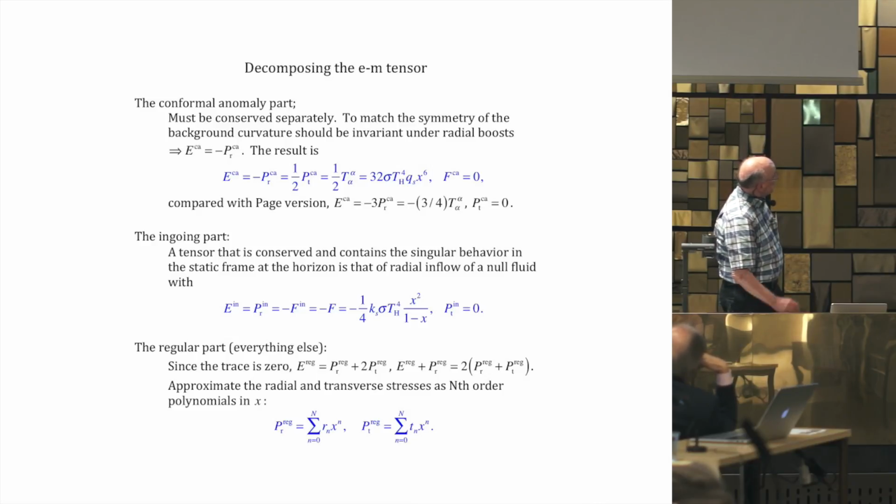That tells you that you have a relationship between the different components. There's no energy flux in this component, the radial stress equals minus the energy density, the energy density is half of the trace, and the transverse stress is equal to the trace.